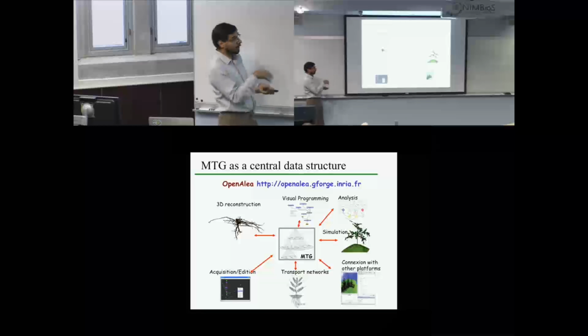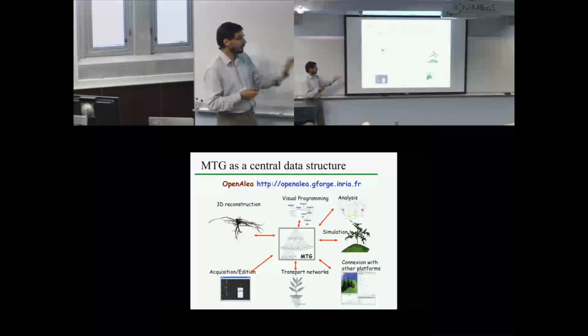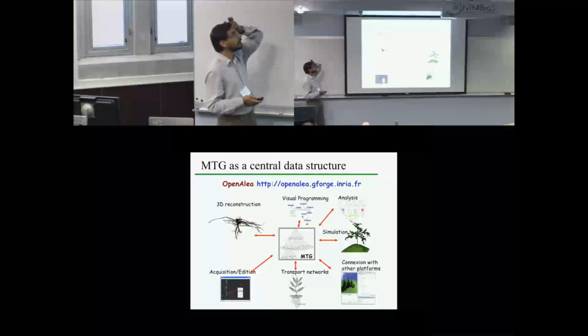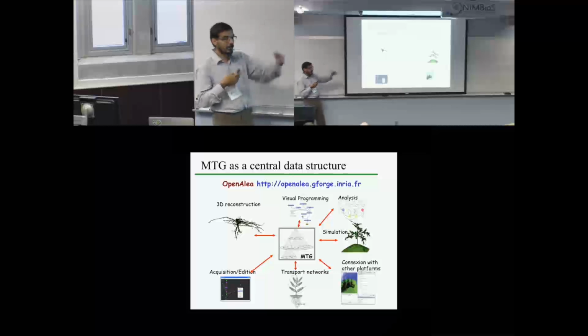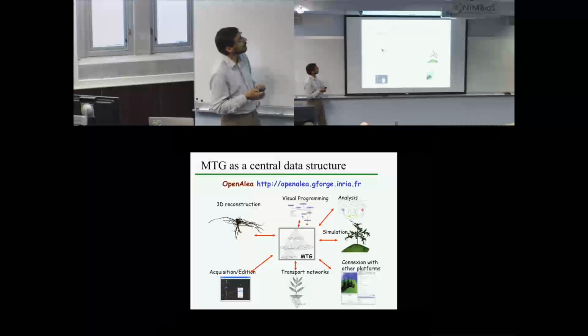Because people working on plant modeling are from diverse domains, and there's a need to compare and to exchange information to answer scientific questions. And so we developed OpenAlea, an open source software, and we use MTG as a central data structure also to be able to exchange information at different scales and to monitor the different models, to have multiscale modeling for functional structural plant models.